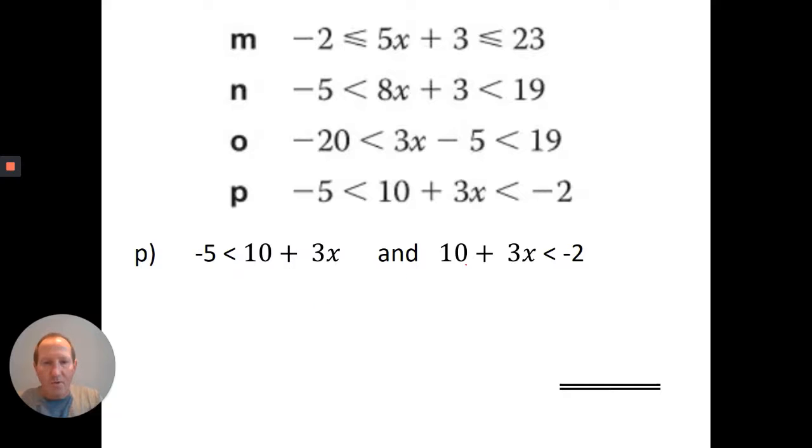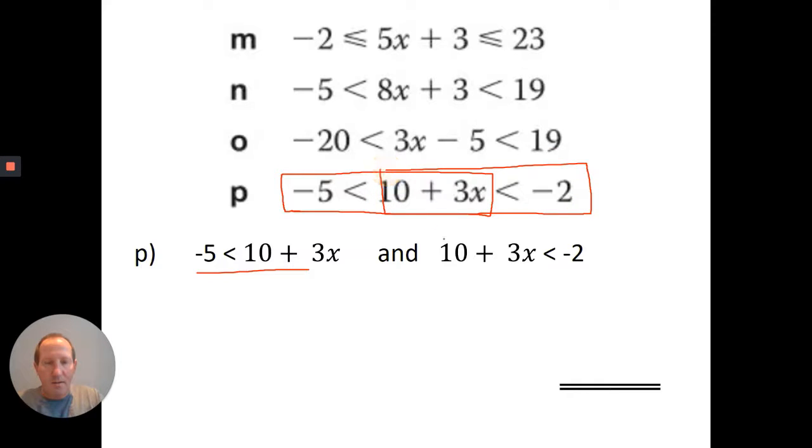So I've worked through P for you. Essentially, I've split it, as I mentioned in the first part, split it into this inequality there and this inequality there. I'm going to do them, as I say, simultaneously, just like the Americans would. I won't do them simultaneously, that's far too British.